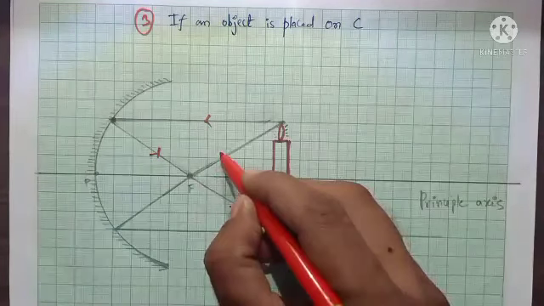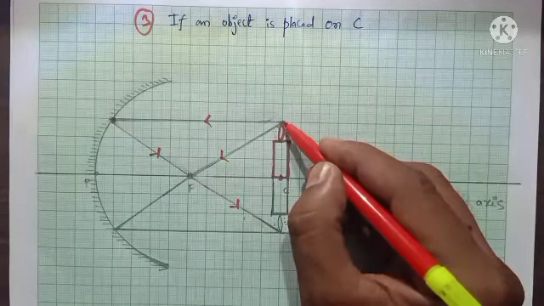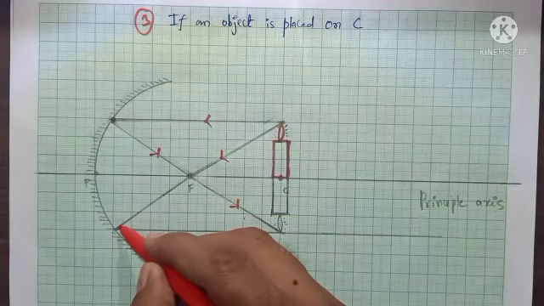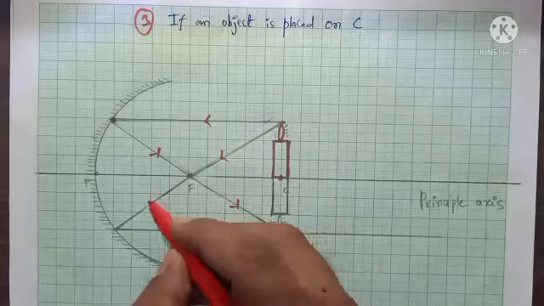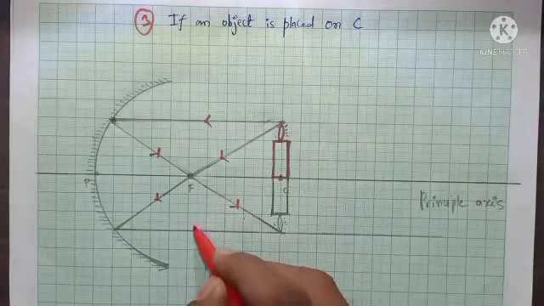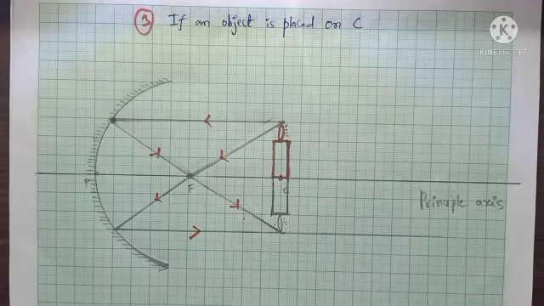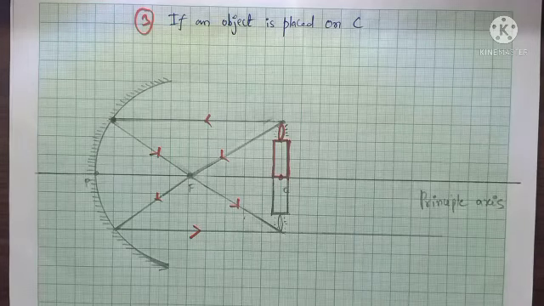Then the second rule: if the light ray passes through the focal point, after reflecting it passes parallel to the principal axis.